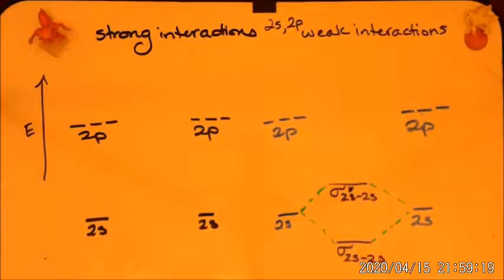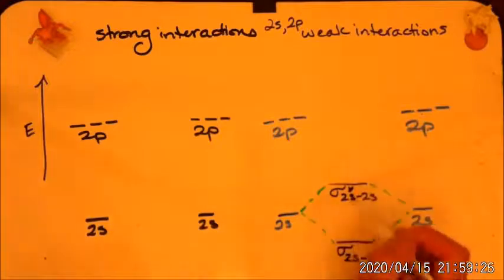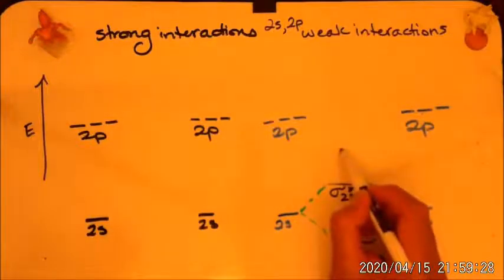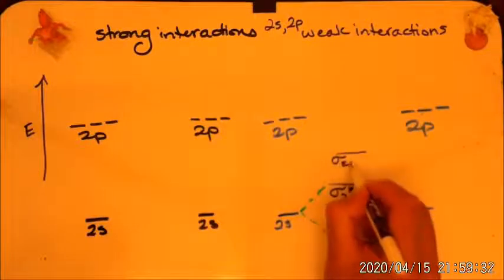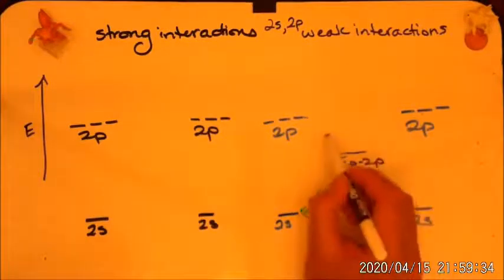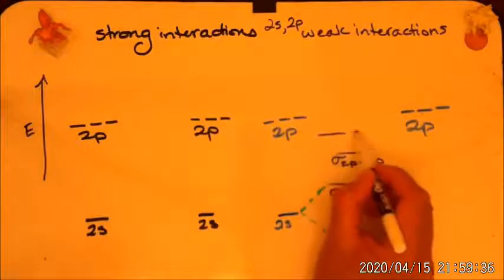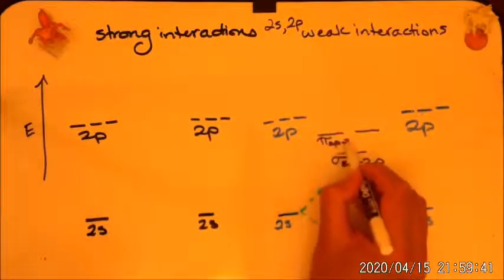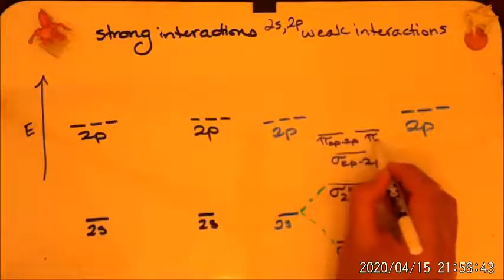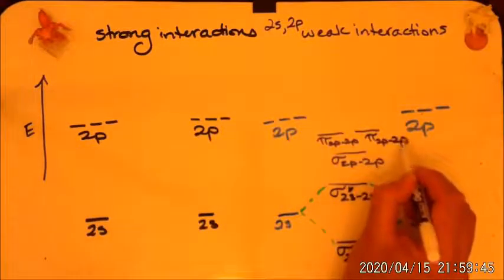and that is the first bond that gets formed is always going to be a sigma bond. So what's going to happen is the first bond I form is a sigma 2p 2p. And any subsequent bonds are going to be pi bonds. Okay? Pi 2p 2p.